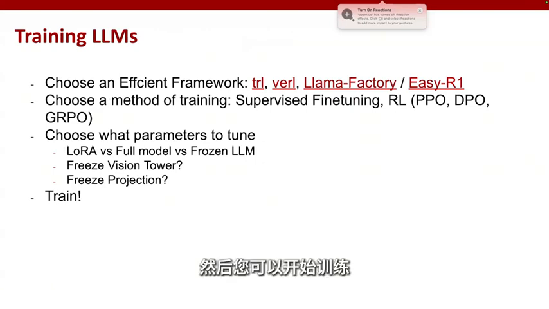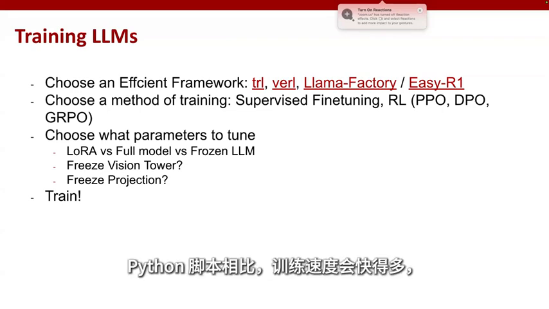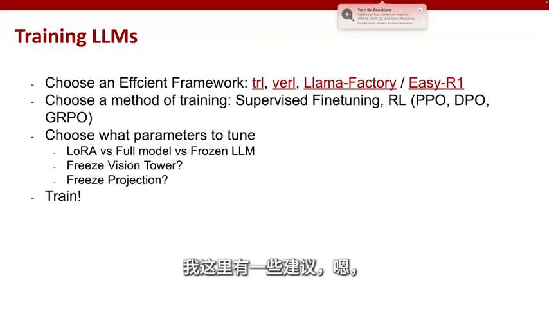And then you can start training the LLMs. You don't want to use the raw Transformers package to train the model. You want to use an efficient LLM training framework, and you will get the training much faster as compared to just using a raw Python script. And I have a few recommendations here.